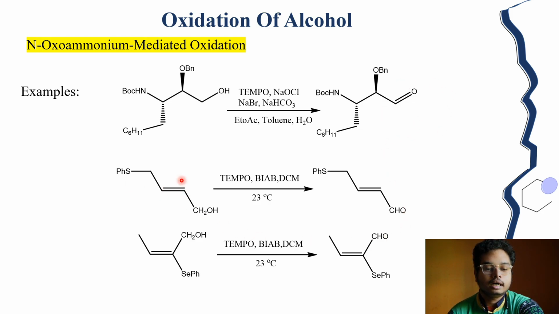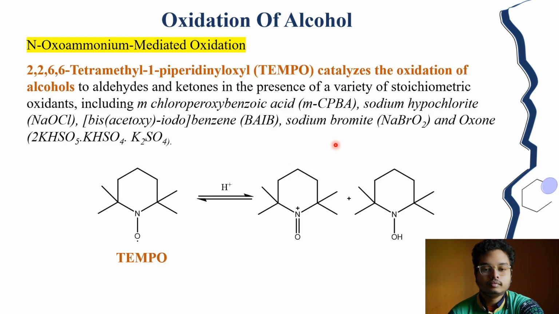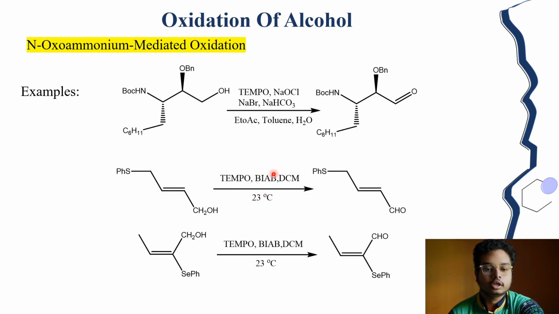It will also do this type of oxidation while the alcohol and the sulfur, sulfur selenium, remain intact. There is a TEMPO, and BIAB is used as a terminal oxidant, or we can say a stoichiometric amount of BIAB is used to convert the alcohol to the corresponding aldehyde.